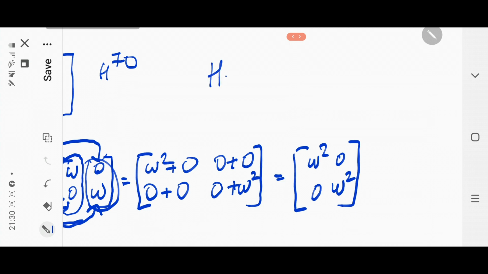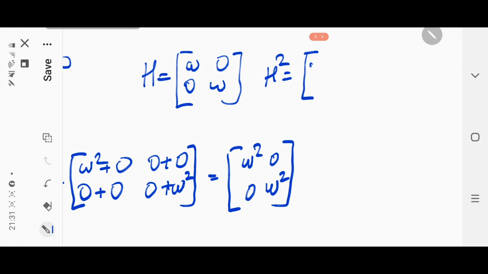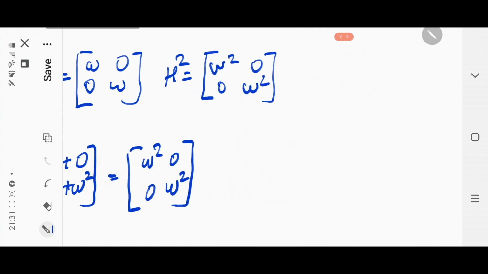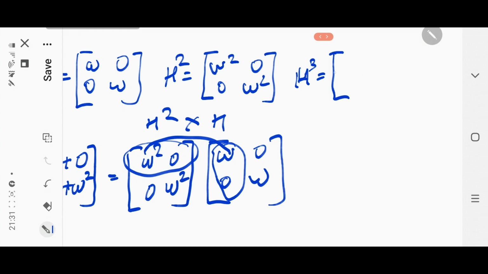See, H is given as omega 0 0 omega. You got H square as omega square 0 and 0 omega square. If you are going to find H cube, what will be the answer? You again multiply with omega 0 0 omega, H square into H. When you go for multiplication, omega square into omega, you can see the answer will be omega cube 0 0 omega cube.